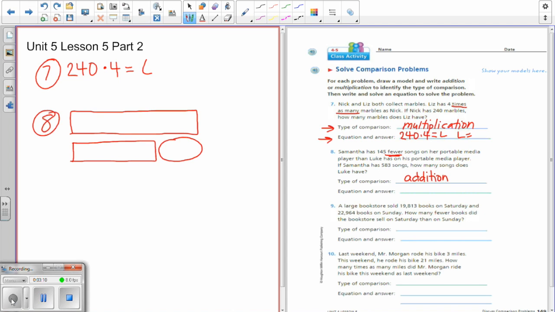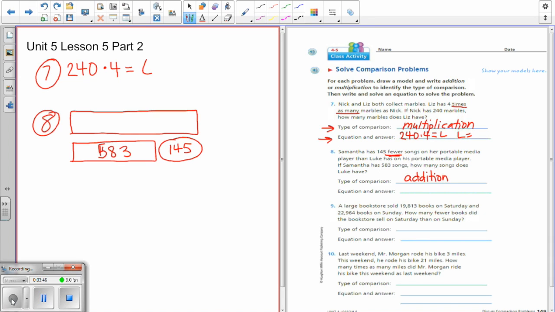So Luke has the more, is the way I'm reading this, because it says Samantha has 145 fewer songs. So we have 145 fewer songs than Luke. So this smaller one represents Samantha at, what did she say? 583.